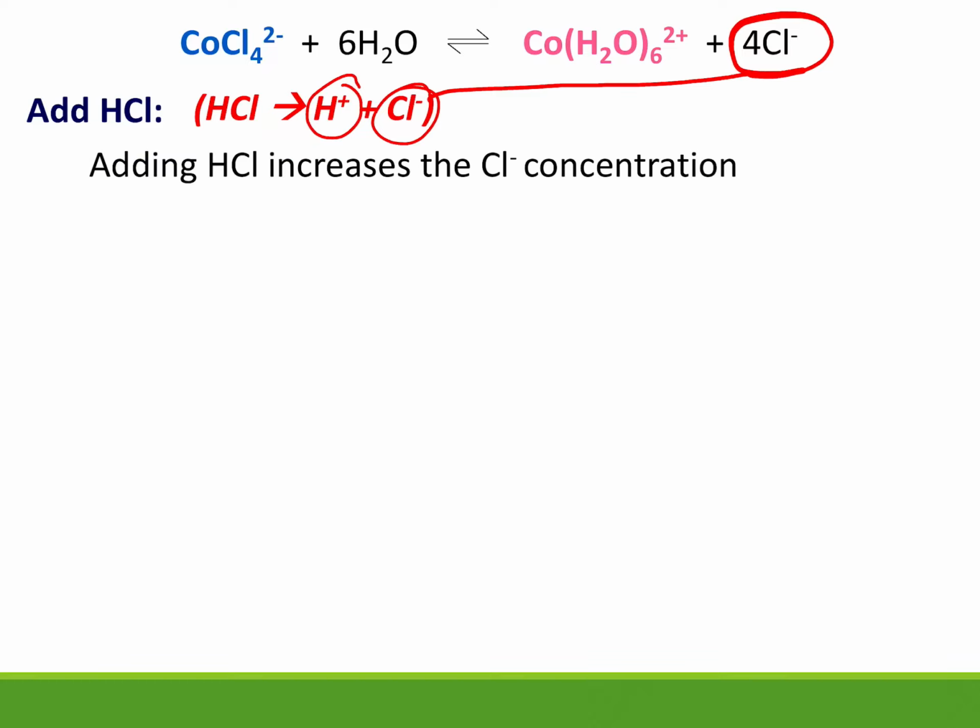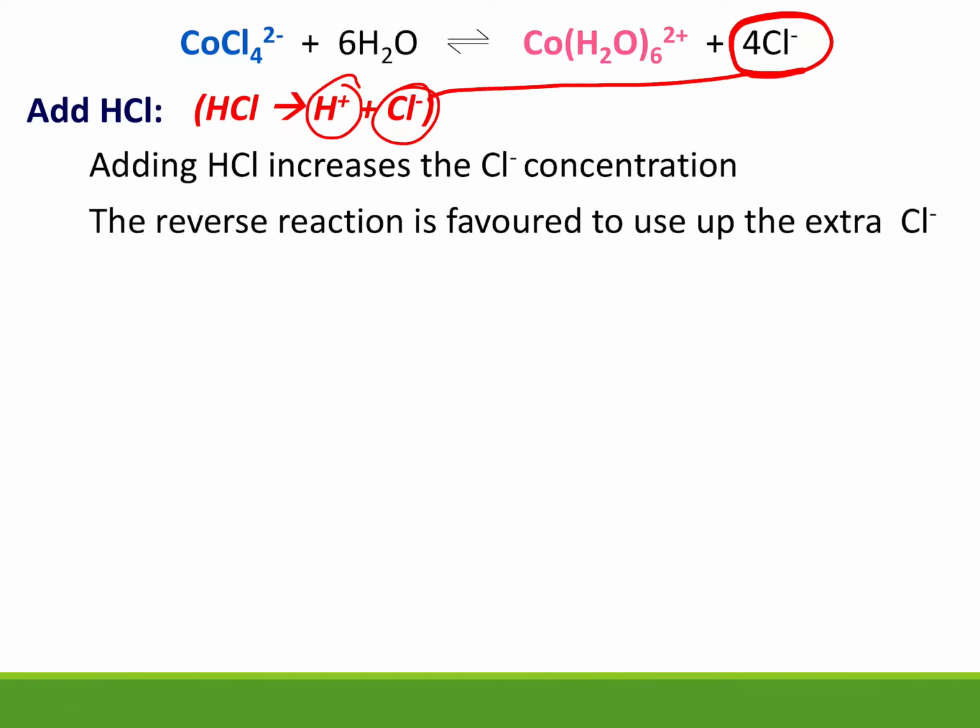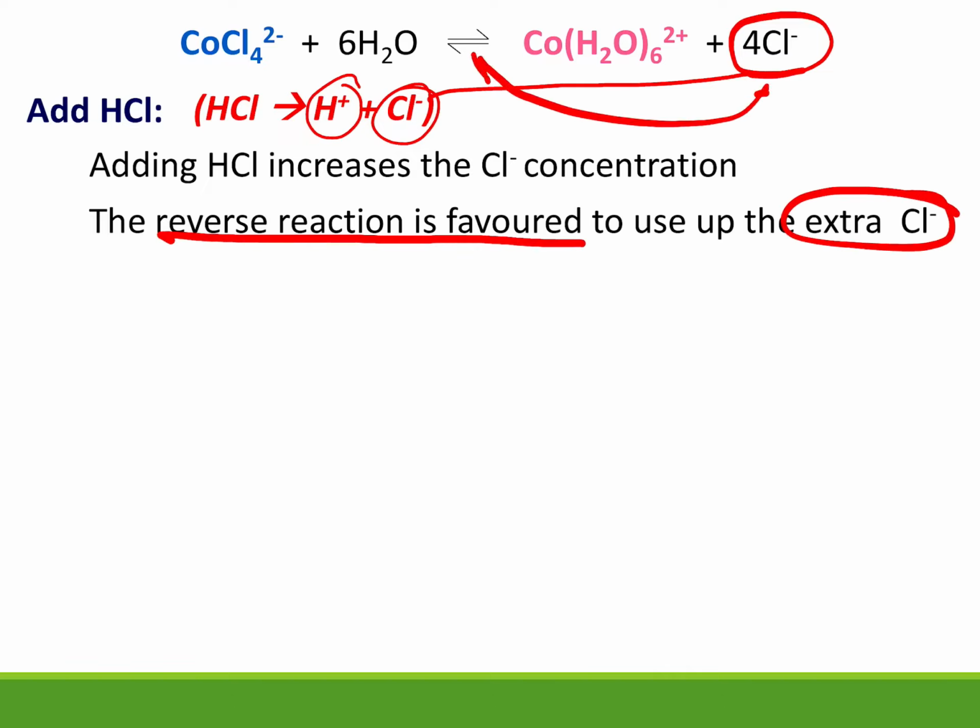So the HCl increases the Cl- ions, okay? Therefore, the reverse reaction gets favored to use that up. How do I use it up? I make reactants, so the solution turns blue. So if I add something in, I need to use it up, okay? Whichever way helps me use it up.